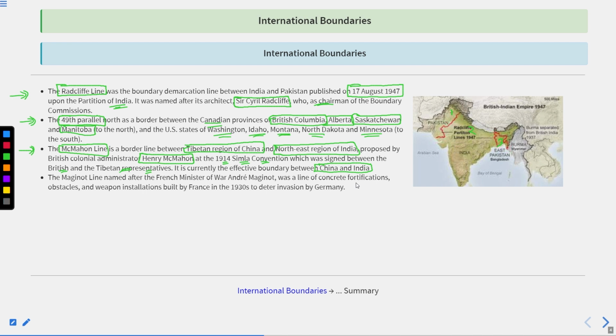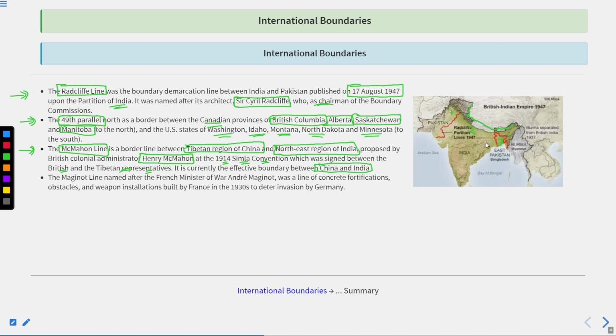Previously that was the boundary of China and this region was Tibet, and we had the line with it. But when China captured Tibet and penetrated deeper, now this is the McMahon line, and it has become the boundary line between India and China.